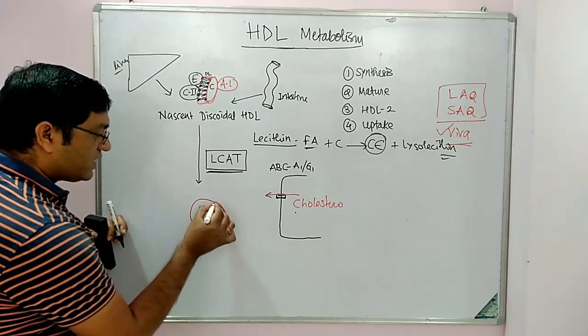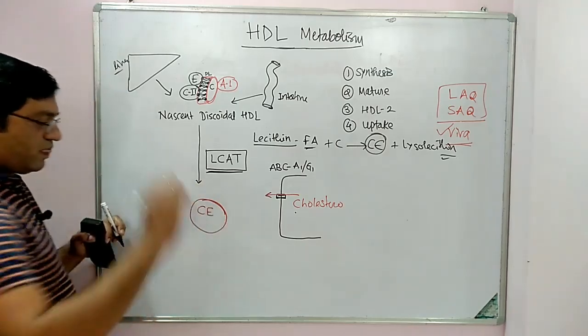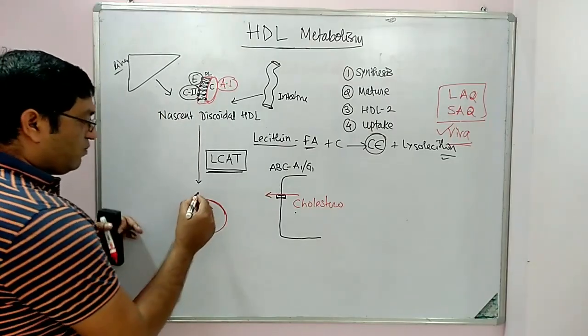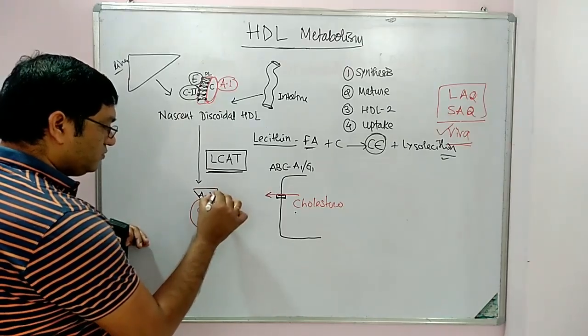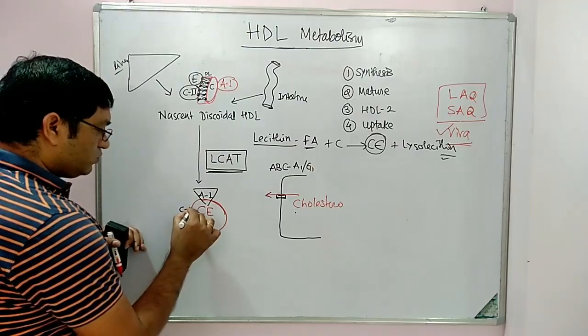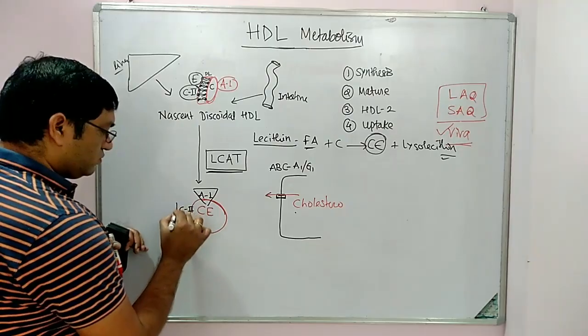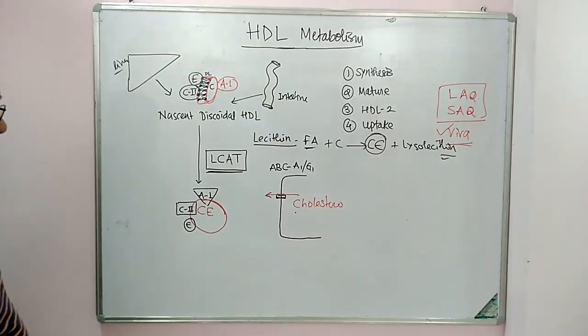So this is the HDL particle with cholesterol esters. It contains the major apoprotein ApoA1, then C2 and ApoE. These are the major apolipoproteins of HDL.